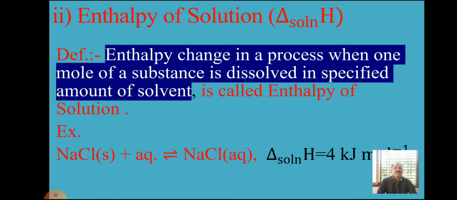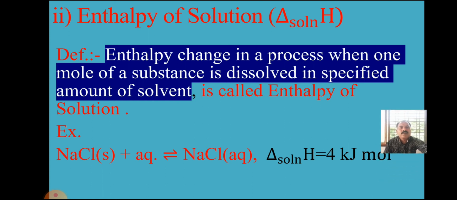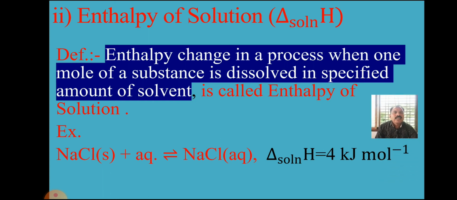Example, common salt having formula NaCl, its physical state is solid. When it dissolves in water, it gives the aqueous solution of sodium chloride, and the enthalpy of solution is 4 kJ per mole.